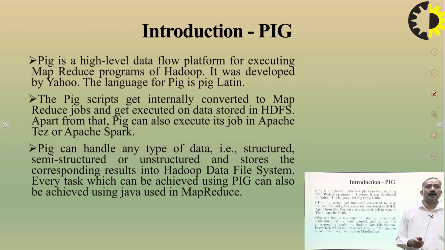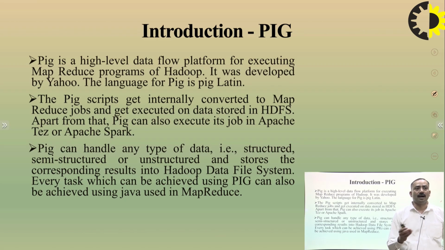Next, Pig can handle any type of data. It can be structured data, unstructured data, or semi-structured data. Structured data, as we are all aware, is data in the form of rows and columns, like RDBMS data. Semi-structured data is, for example, a JSON file or an XML file.